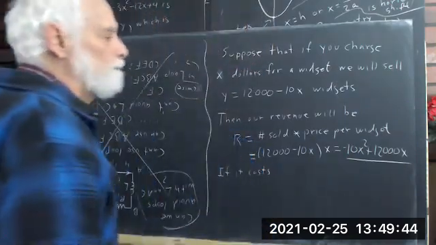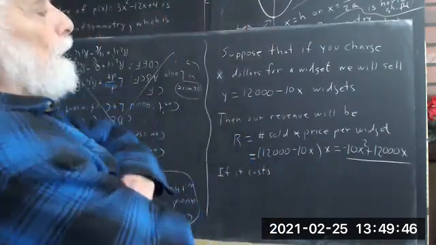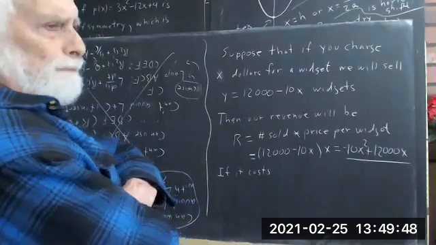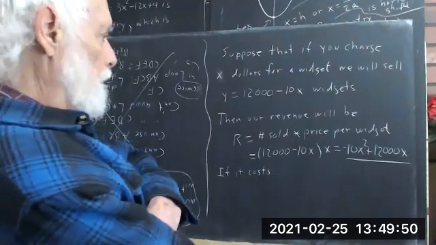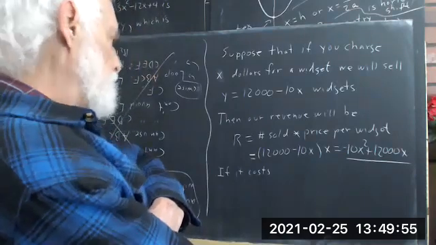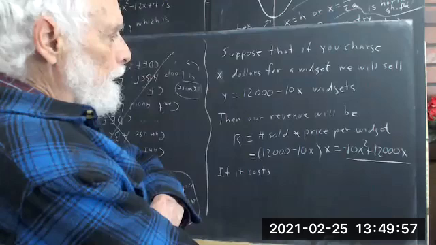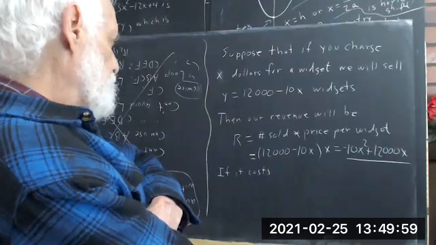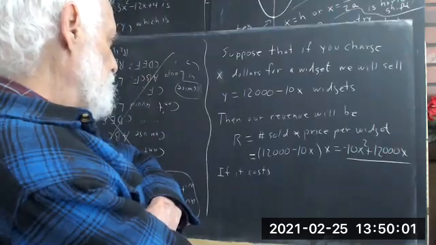If it costs, okay, cost function. Now, I hadn't really thought through this in advance. But let's say our vertex is going to be at 1200.